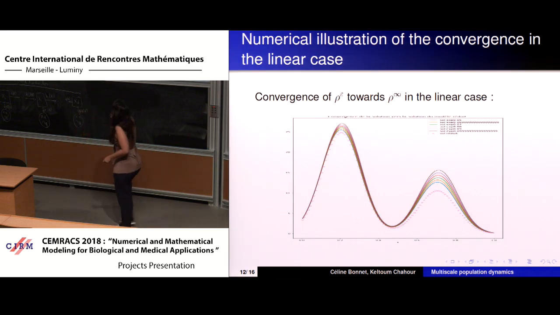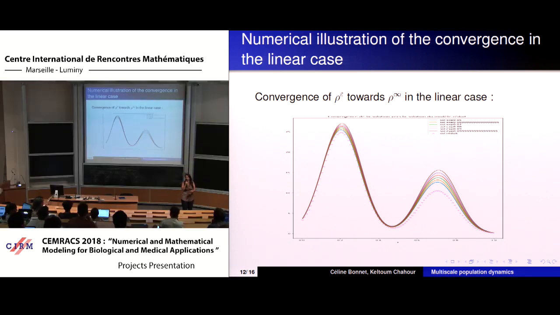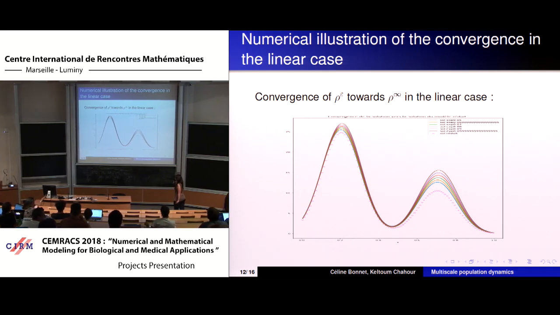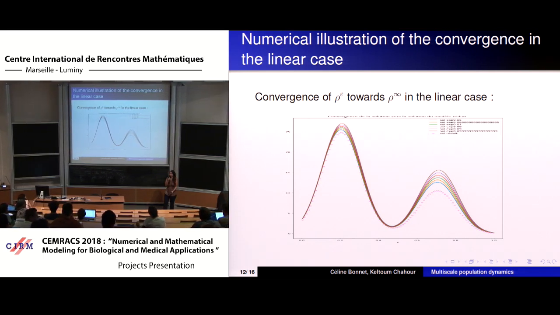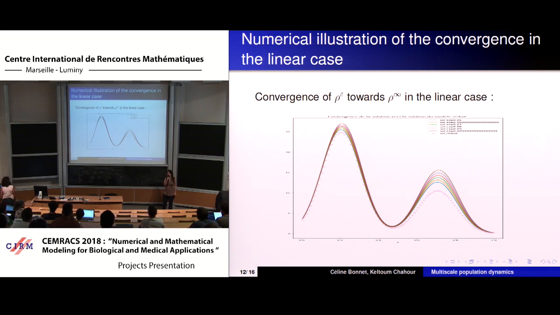So this is an illustration of the linear case, and then I let Ketum show the illustration and the model in the general case. But just to finish with a nice curve, this is the density of the different growing follicles. On the axis, you have x, the size.